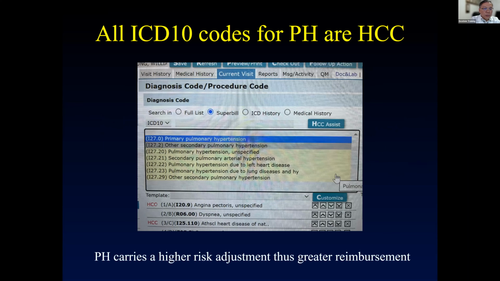Pulmonary hypertension is one of the diagnoses where all the ICD-10 codes belong to the HCC. That means you carry a higher risk adjustment. Therefore, for us as an organization, we carry greater reimbursement.